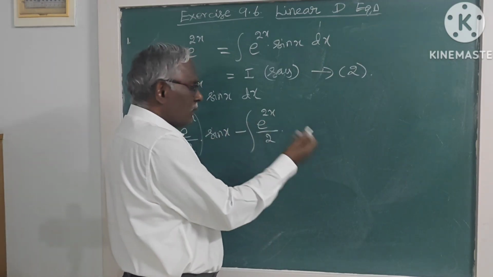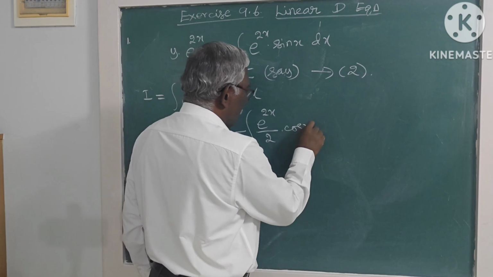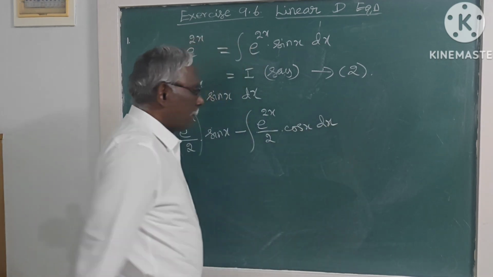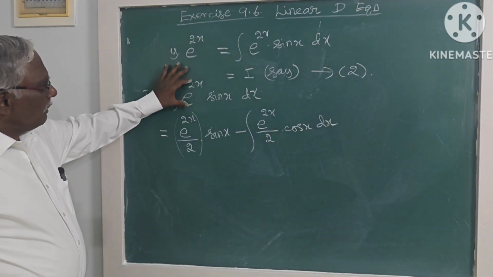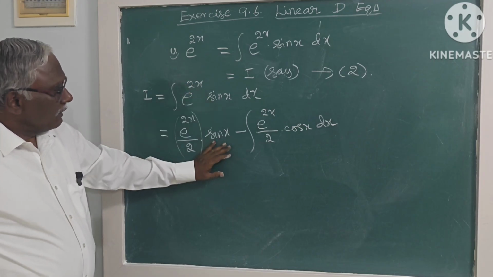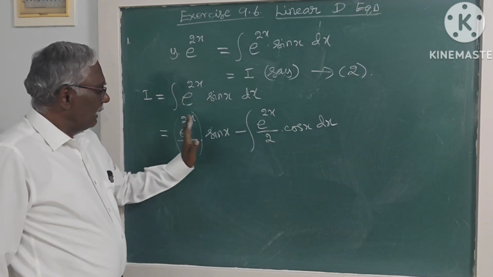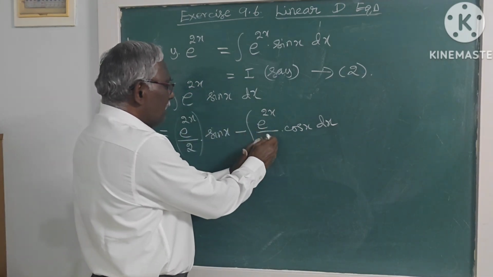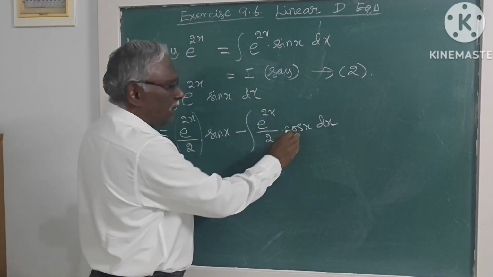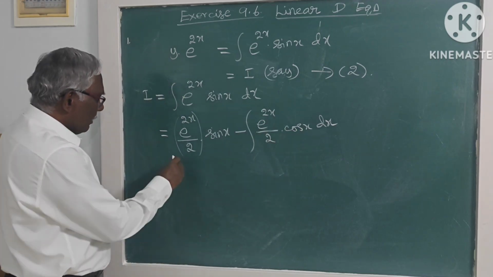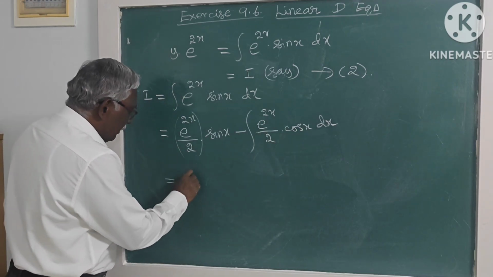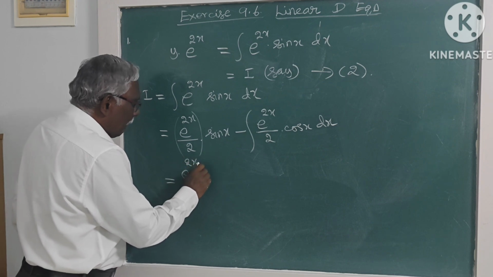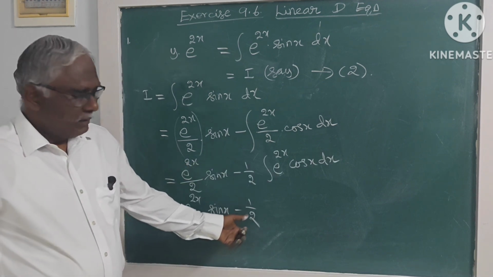If we differentiate sin x, cos x will come, dx. So we have integrated this, the other function we have written, minus integral of the integrated function, this we have written here. Then we have to differentiate and write here. Now e power 2x by 2. So minus is there, half is there.